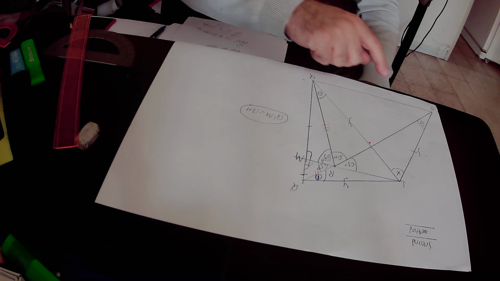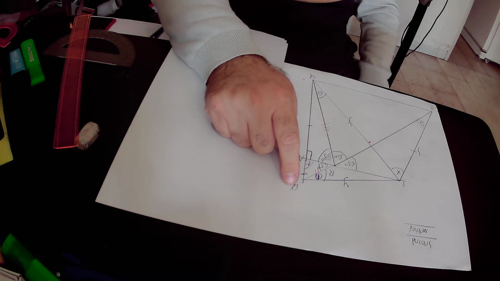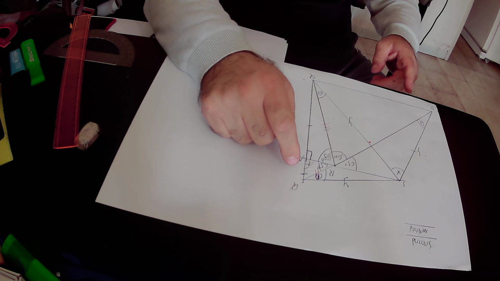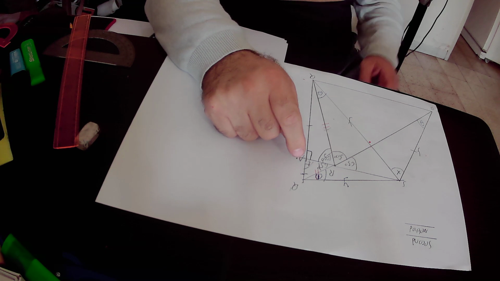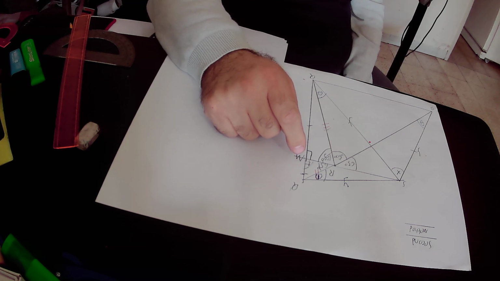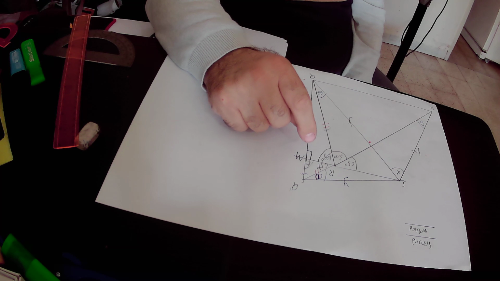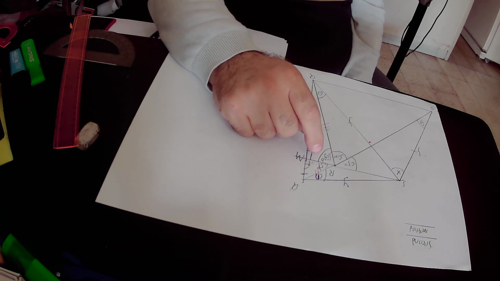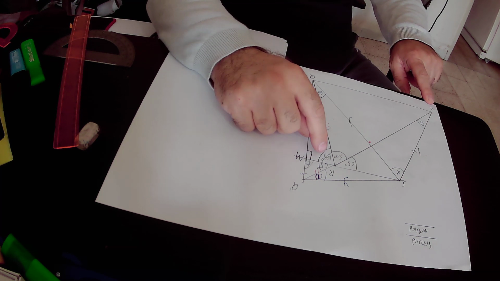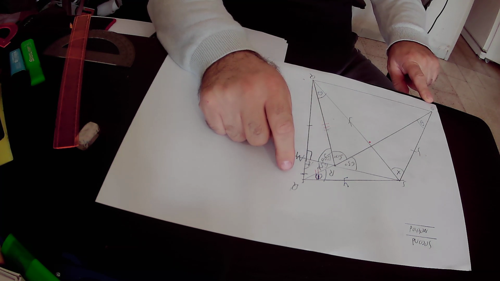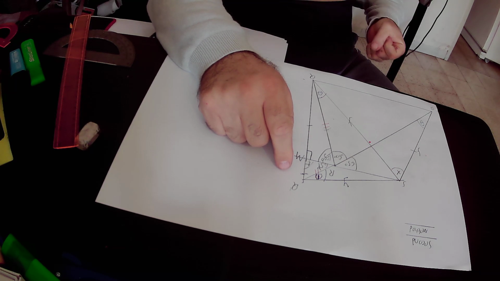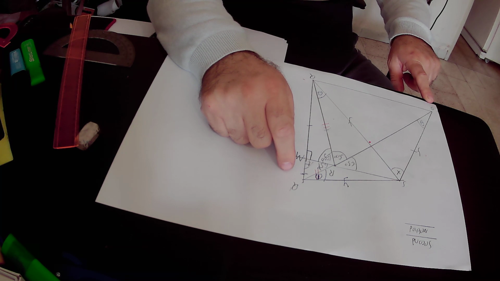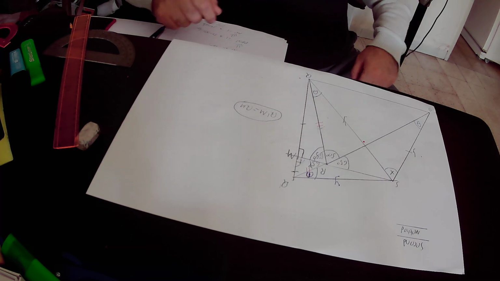We proved that angle PRQ dash equals 180 degrees, and therefore PRQ dash is a straight line, that is to say PQ dash is a straight line. And why is PRQ dash a straight line? Because 50 degrees plus 65 degrees plus 65 degrees equals 180 degrees. That is to say, angle PRQ dash equals 180 degrees. So PRQ dash is a straight line. That is to say, PQ dash is a straight line.